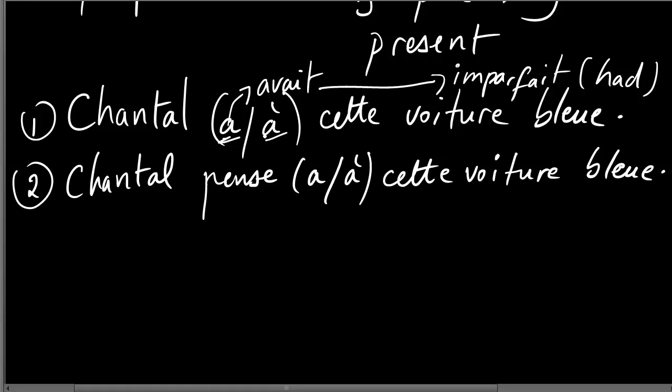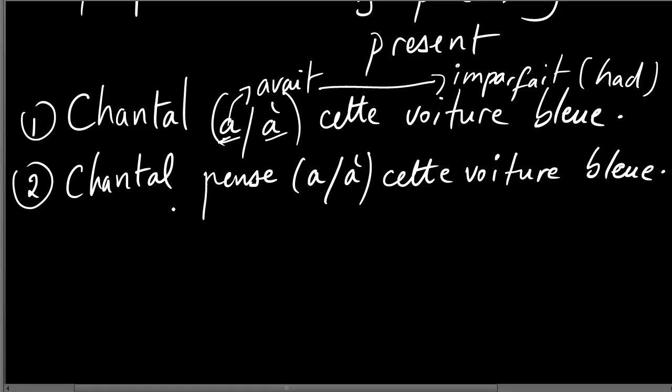And this is just in case you're confused, right? So you're like, should I use à with an accent or a without any accent? Well, simply change the a without the accent into avait. If the sentence still makes sense, you know that this is avoir. So Chantal a, Chantal avait cette voiture bleue. Same logic. She has this blue car.